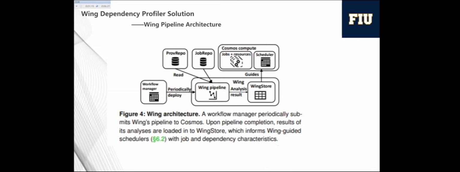WinG's data analysis pipeline primarily computes a workflow of interdependent jobs. The data analysis pipeline is managed by a workflow manager, which is used by the customers, and reads data from the job repo, and the Prov repo writes the output, which will be consumed by the WinG store.